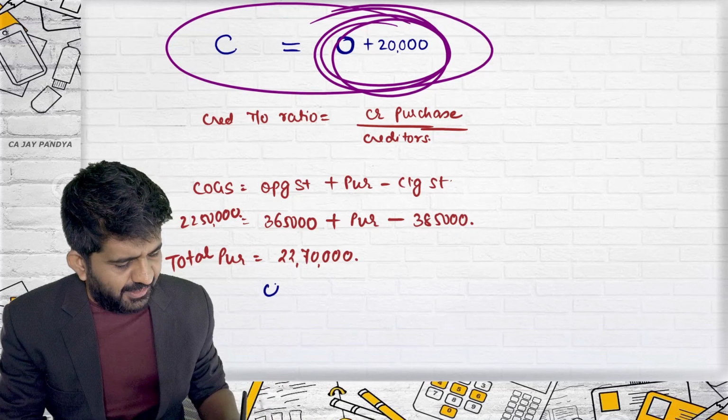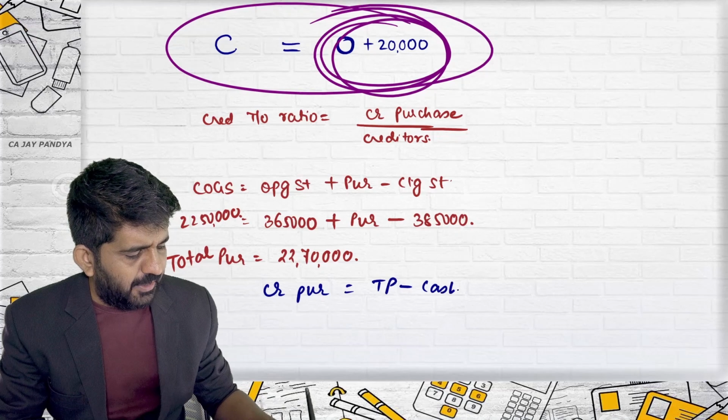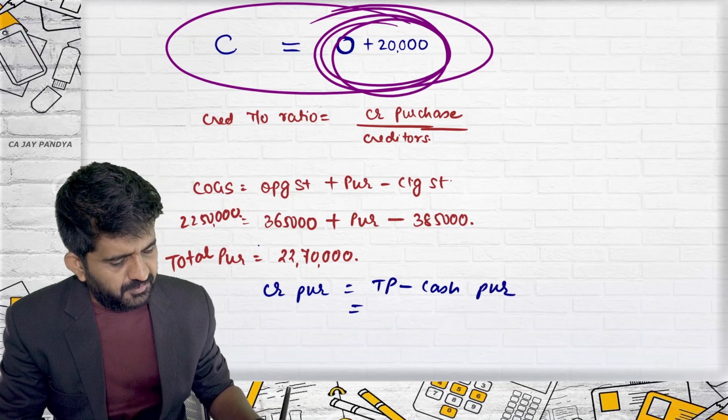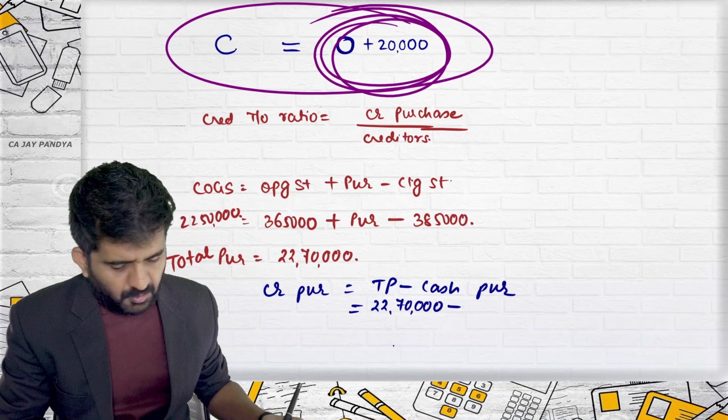Then what will be credit purchase? It is total purchase minus cash purchase. What is total purchase? 22,70,000. What is cash purchase?